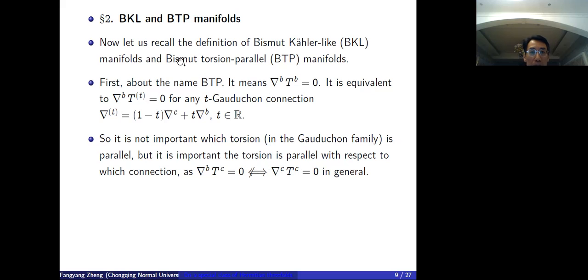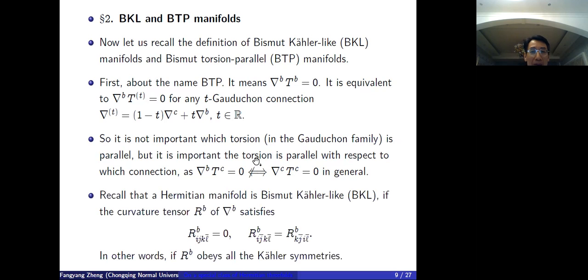So that's why we put Bismut torsion parallel. My English is not native, so we don't know how to coin the term properly, but we try to reflect this point, which I don't know if we're successful or not. I'm sure a native speaker could come up with a better name than this.